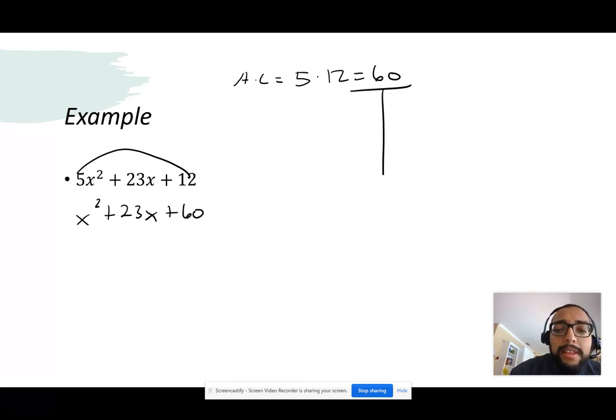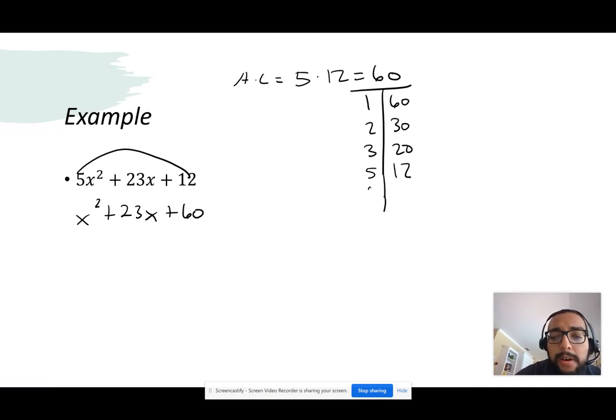So here, we'll have, I think, like 6 pairs. 5 and 12, 6 and 10, and that will be it. So we have 1 and 60, 2 and 30, 3 and 20, 4 and 15 as well. I'll just rewrite it. That's fine.